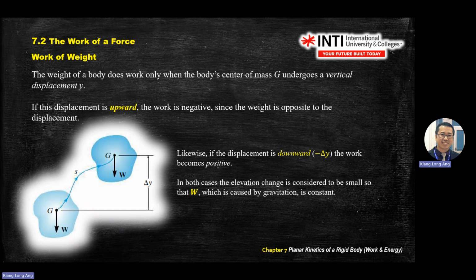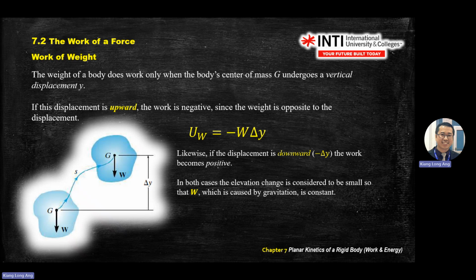So just be careful. If the question already points an arrow there for you, where there is a positive h or positive y, remember that is the positive direction, and in the positive direction, your work is negative already. I need to highlight this one. Normally this will be the tricky part in the question. Even though there are no datum words in the question, it will show you an arrow, where the positive h direction or y direction is.